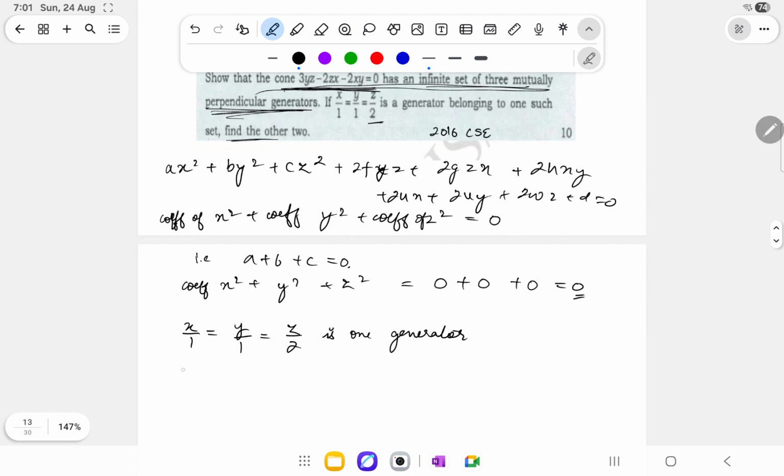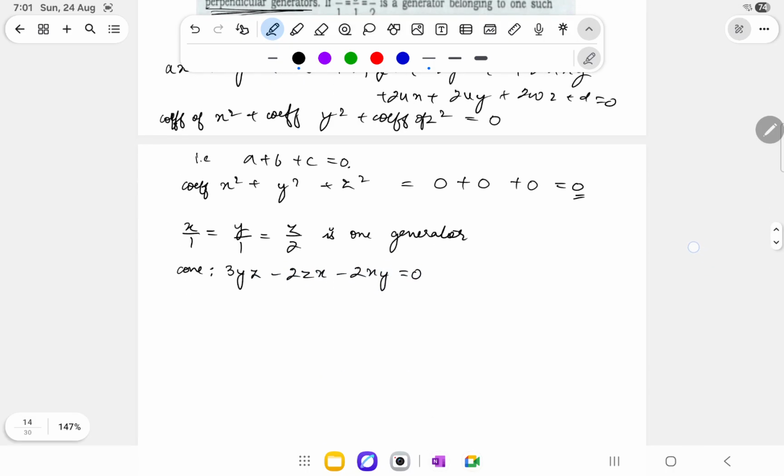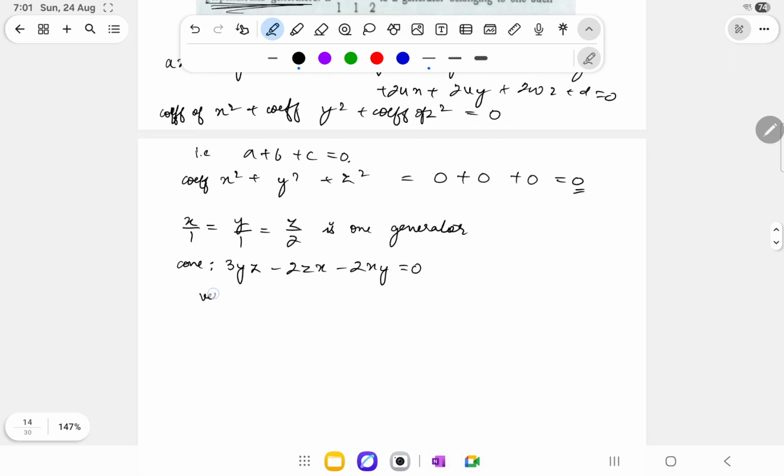So if you observe the cone, the cone is 3yz minus 2zx minus 2xy equals to 0. The vertex of the cone will be basically 0, 0, 0. You'll get this by equating the partial derivatives of f(x, y, z).